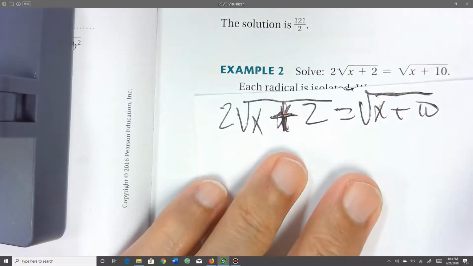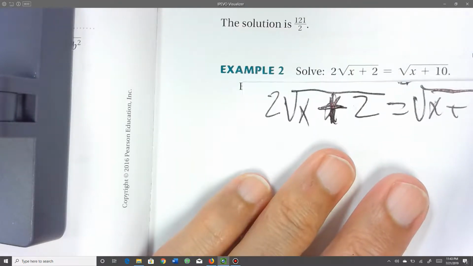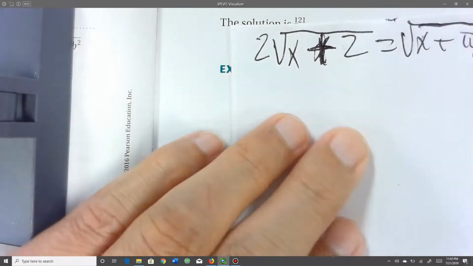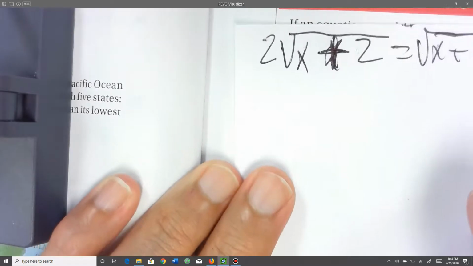So I might be able to work out a few more problems, and yeah, that's it. So I'm just gonna take it up here because I'm running out of space at the bottom there. All right, let me see.